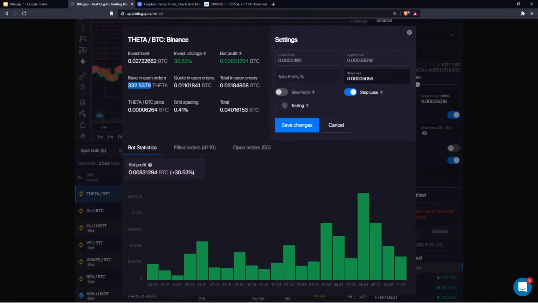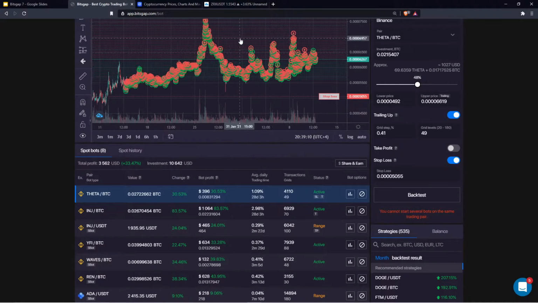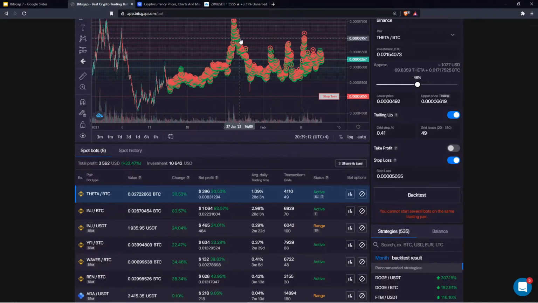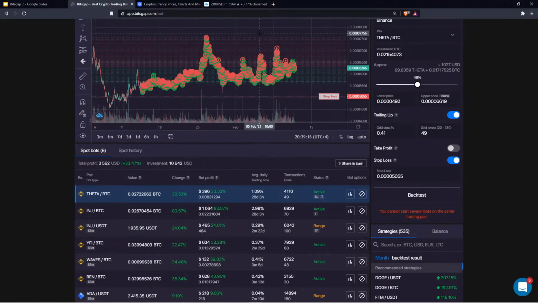If you no longer want to be exposed to Theta price fluctuation, then make sure that right after you cancel all of the open orders, you just sell all of the Theta or sell the amount that you want to get rid of. Okay, so that's the second strategy for you to consider, that you can cancel the bot, but you can leave some of the base currency on your balance.